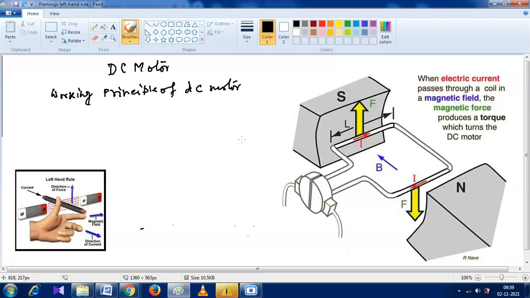If the direction of the magnetic field is denoted by the forefinger, and the direction of current passing through a conductor is denoted by the middle finger, then the deflection of the conductor, or the direction of the force on that conductor, is given by the direction of the thumb.